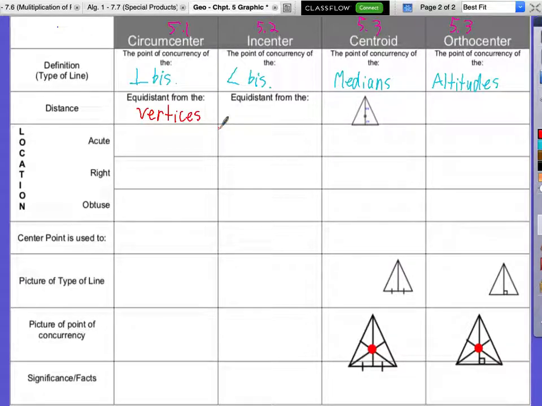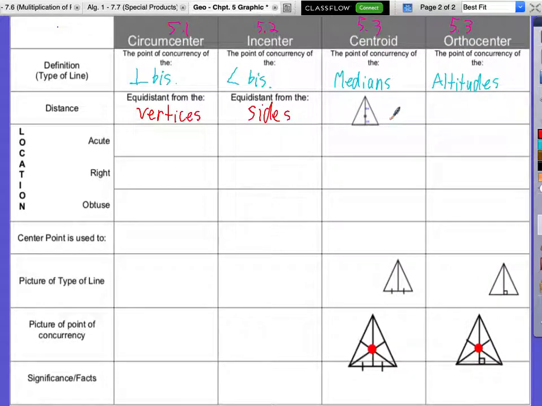The incenter is equidistant from the sides, not the vertices, and we measure that distance at the perpendicular. Okay, so it's equidistant to the sides. Now the centroid is not equidistant from anything. The centroid is where we have a different rule. Anybody remember what that one was?